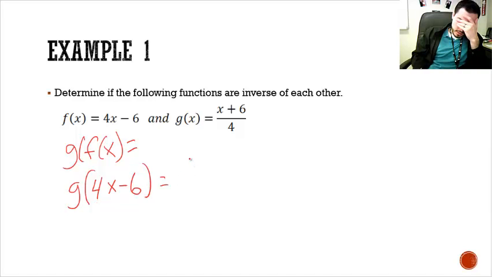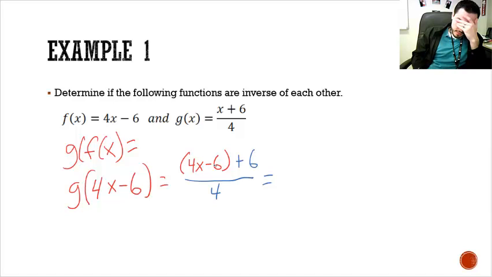So that's going to look like this. 4x minus 6, and then the rest of the function, which I'll write in blue, plus 6 over 4, and then now I'm just going to simplify this. There's nothing in front of the parentheses to distribute, so I can just ignore these parentheses, but just keep in mind, if you've got something in front of parentheses, you've got to distribute it.